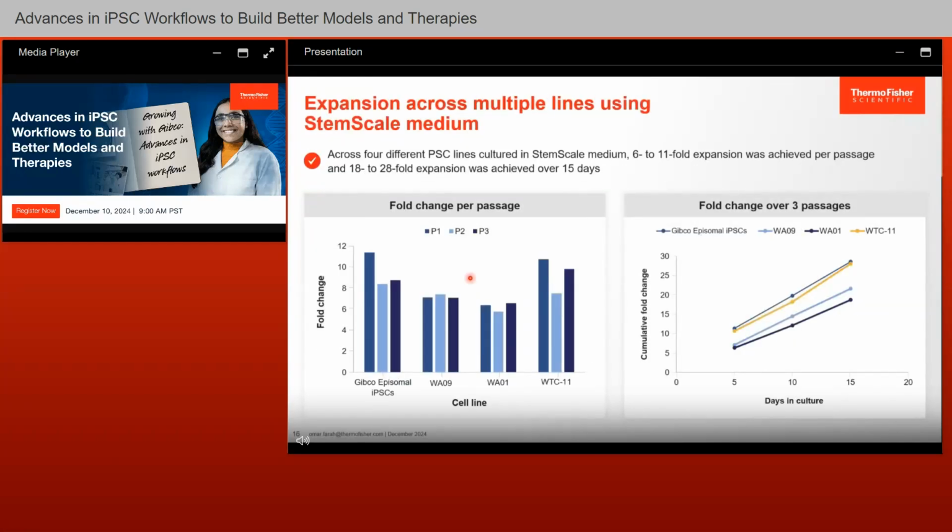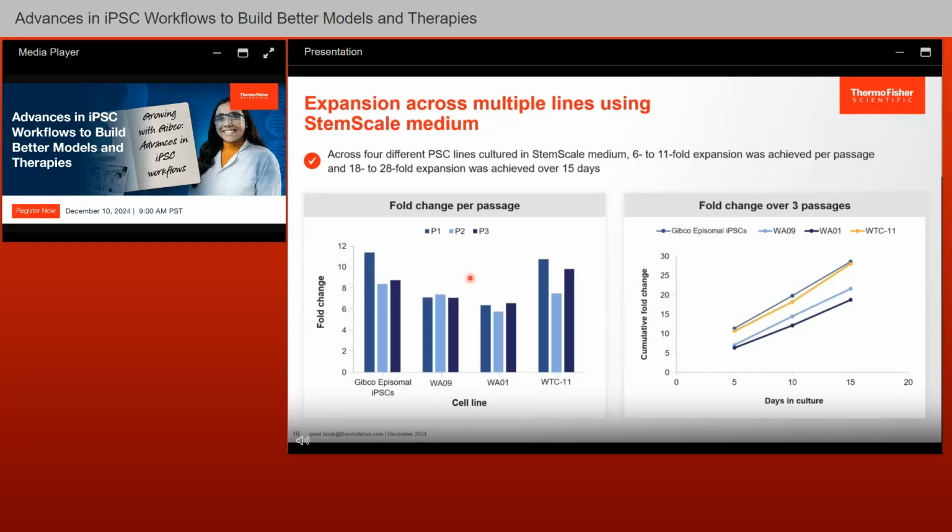Now, one important design element of the stem scale media was really the ability to expand PSC cell lines, both ES and iPSC cells, especially when we consider how these suspension cultures can be utilized to generate a large number of these cells that would be used for clinical or therapeutic purposes.